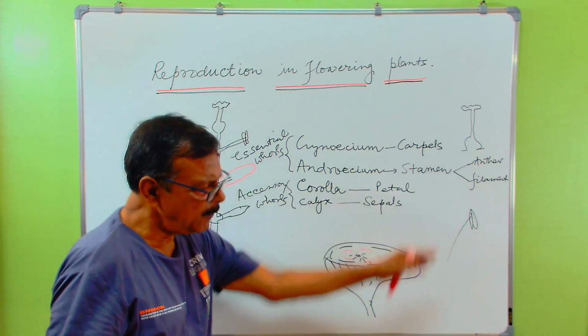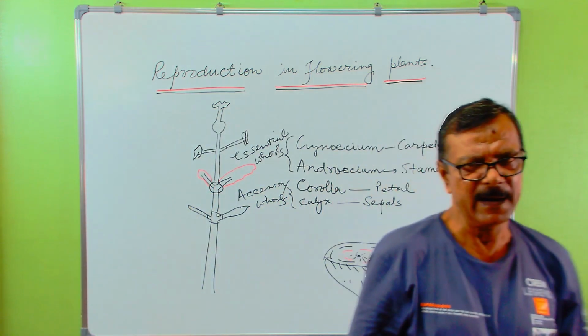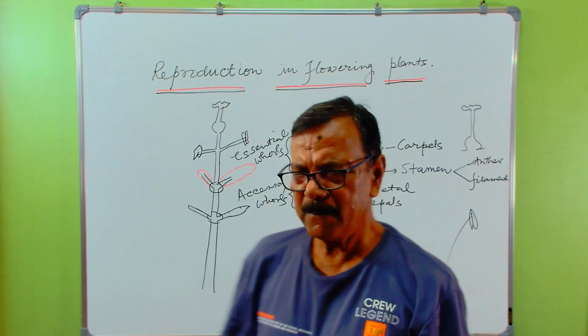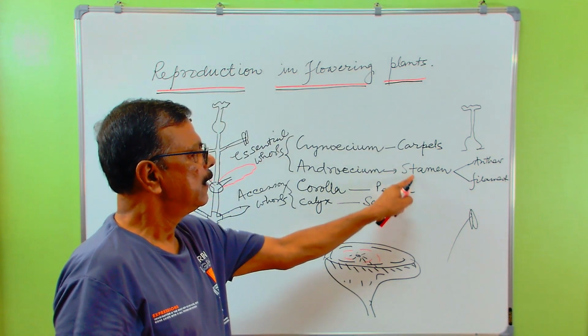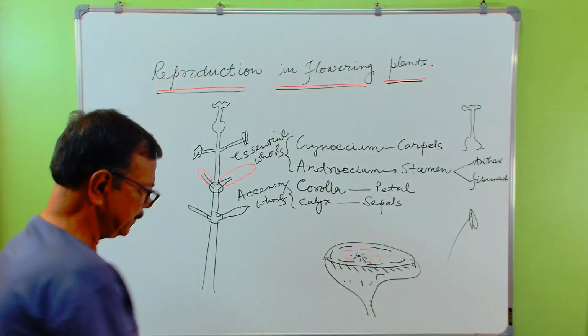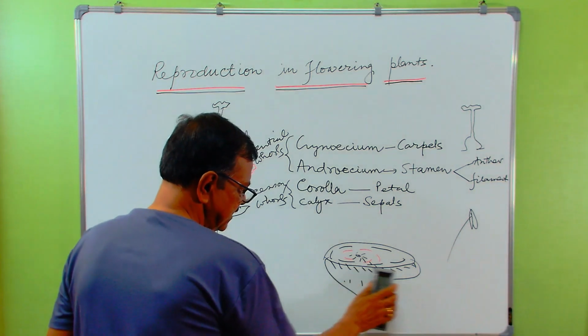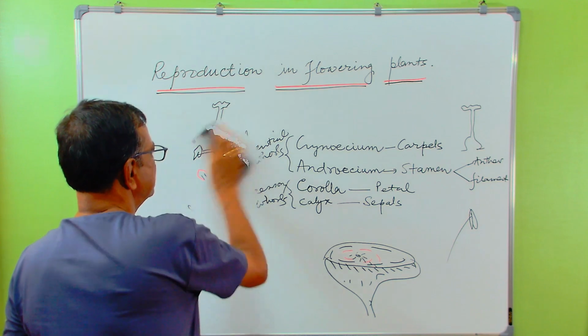So these are the four parts of a flower. Now we discuss these two for the purpose of reproduction. Clear? And this is the thalamus on which this flower grows.